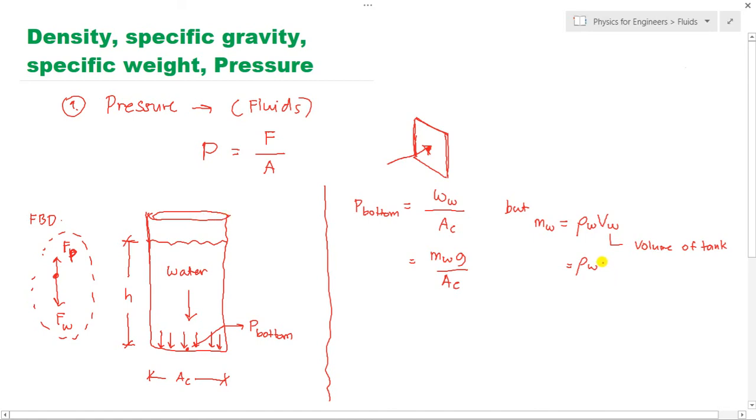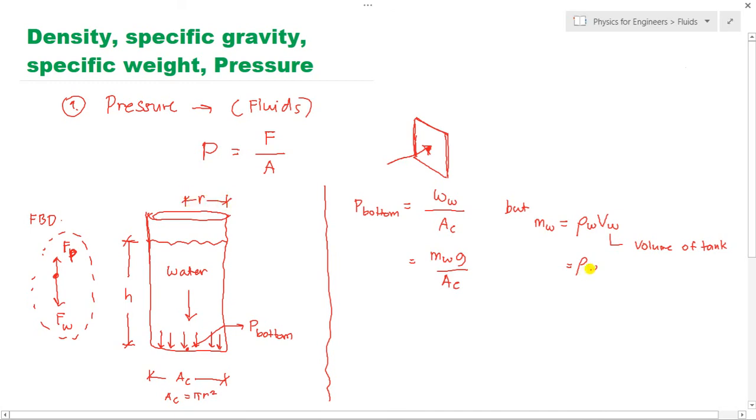So that's just equal to pi r squared. The pi r squared here is just the cross-sectional area, right? Let's say the radius of the tank is r.